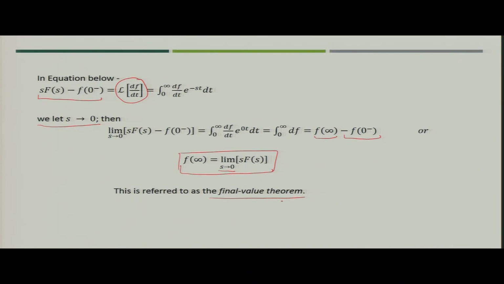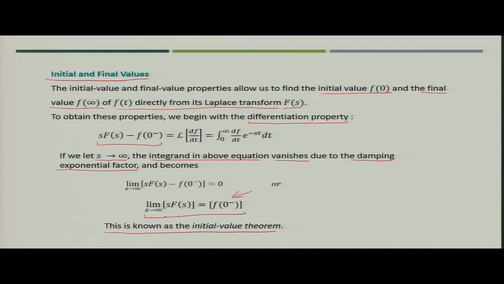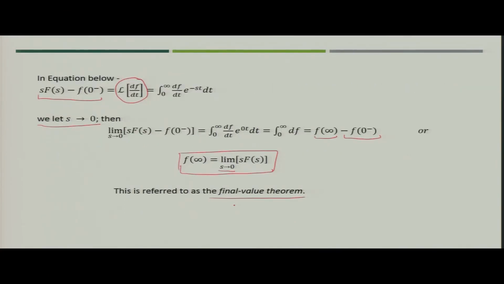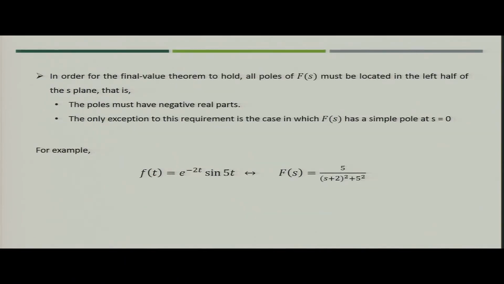You can simply remember it by understanding that when s tends to infinity, the value you get will be at the origin, and when s tends to 0, the value you get for the function is at infinity. So, these two are very important theorems, but the final value theorem has its own limitation.